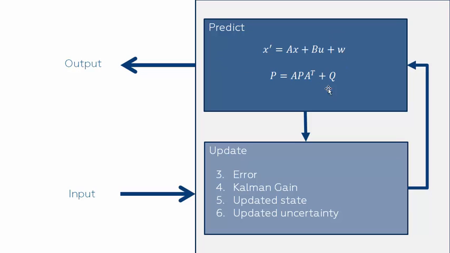Okay, the prediction part. We said first we are trying to do an estimation or update the state. So x is the previous state, x dash is the new state, and here a, b, and these other terms are nothing but a set of matrices which help to do the transformation for us.